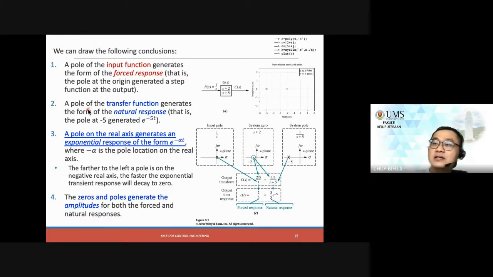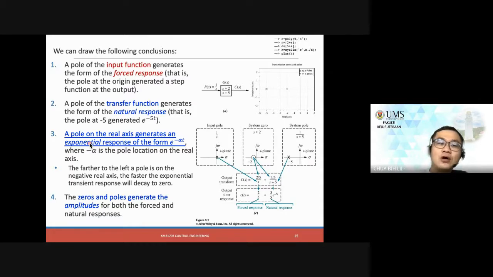So we can say that a pole of the input, 1 over s, forms the forced response. A pole of the transfer function, s plus 5, generates the natural response. The pole from the input, the s itself, forms the forced response.